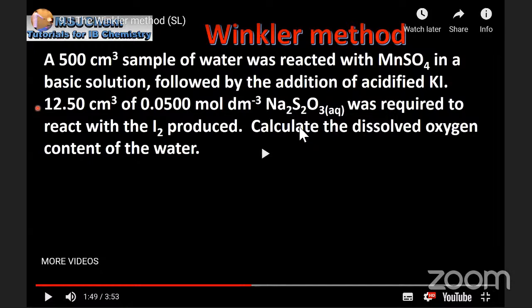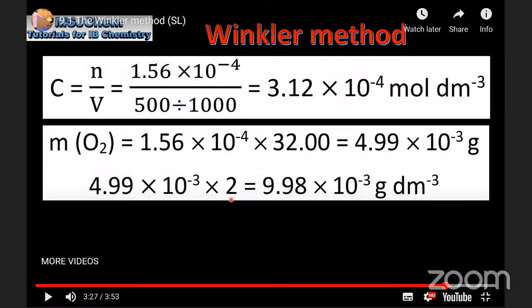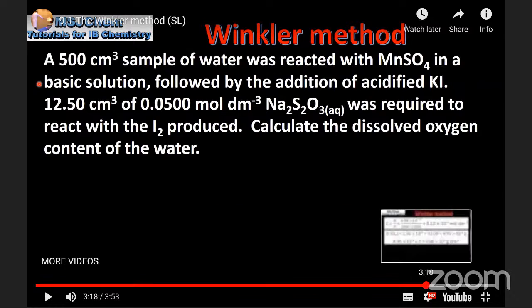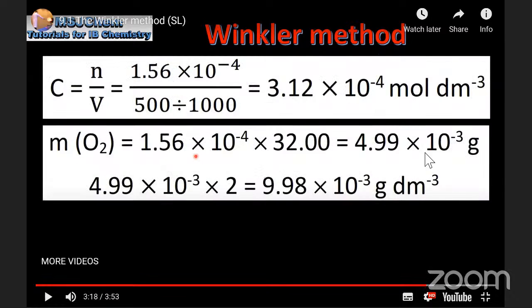I remember once, with 12.50 centimeters cubed, when I was marking, the student only stopped until here. But the question's final answer wanted dissolved oxygen. So what happens is you have to convert into grams, right? So you have to convert into grams by multiplying with the molar mass and then dividing by 1000.